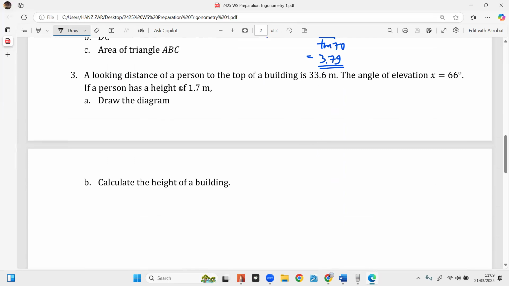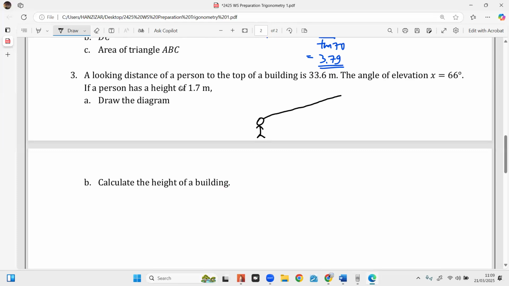So we are imagining a person here looking at a building here. There you go. This is a diagram, right? They are on the ground. He's on the ground. The looking distance is 33.6 meters. So here is 33.6 meters.